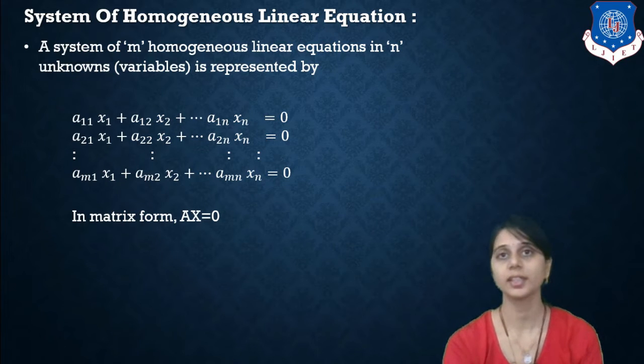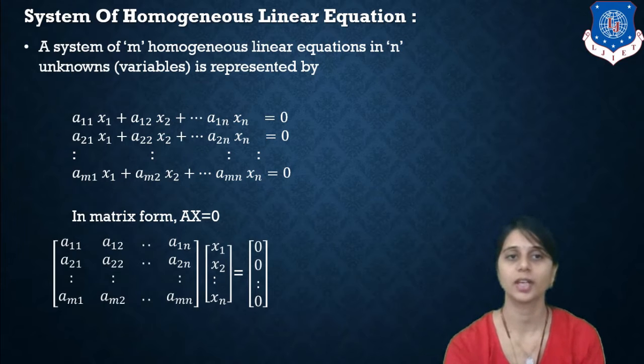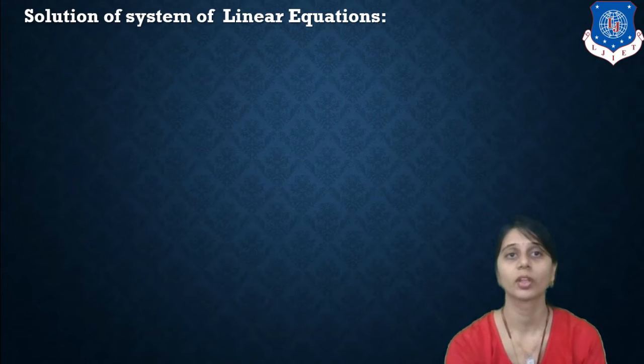In matrix form, Ax equal to 0, where A is the matrix of coefficients a11, a12 up to a1n, and x is the vector x1, x2, xn, equal to 0.